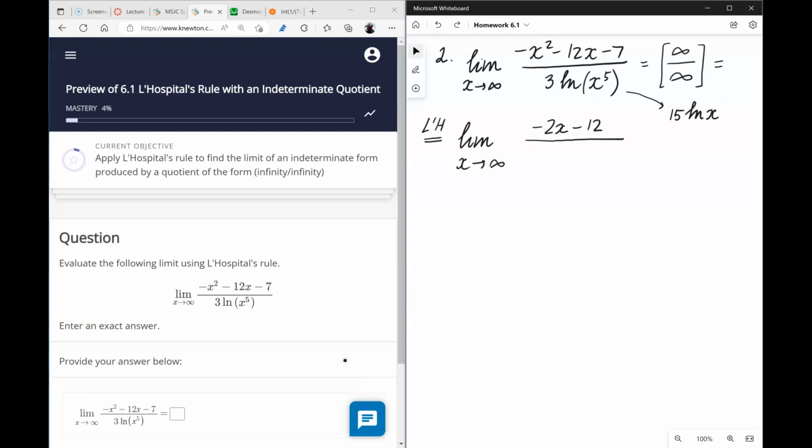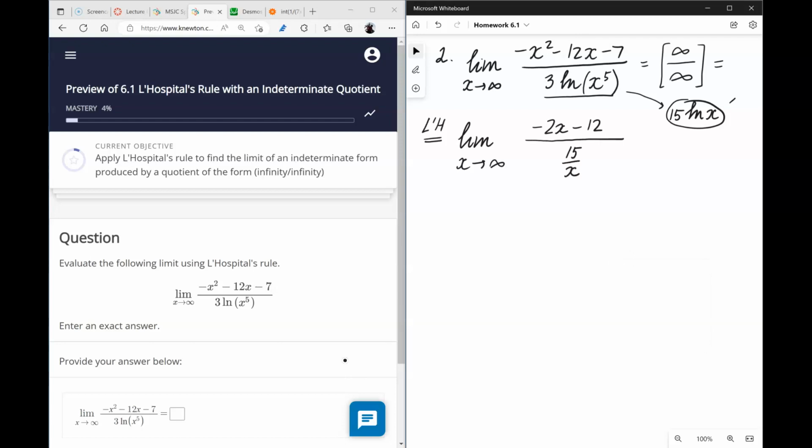Why would we want to do that? Because I would rather find the derivative of this than of this. So when you do L'Hopital's rule, you have to be mindful of the fact that we need to find the derivative. So if you need to prep your function for the derivative, you should do that. So the derivative of 15 ln x is simply 15 over x.